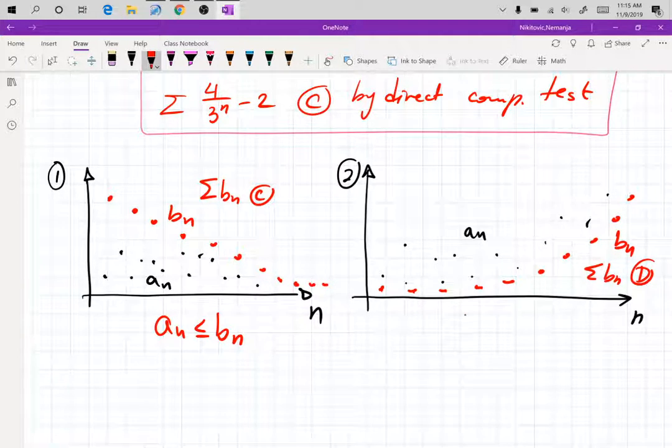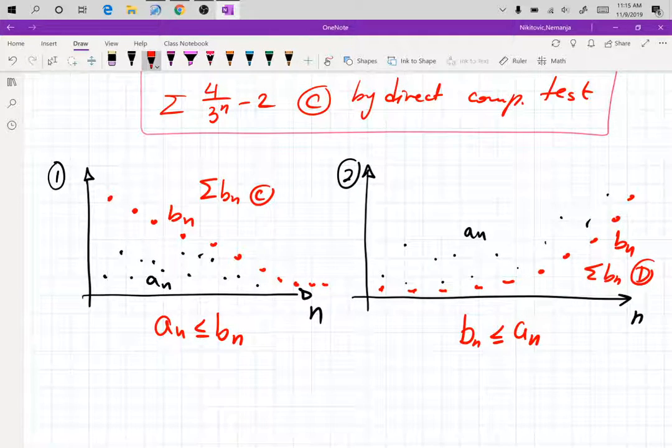And then bn smaller than an, or an bigger than bn, is pushing an into divergence, because the one that is underneath, that sum diverges, so the one that sits on top also has to diverge. So these graphs help understand those two lines from the theorem, and you understand why you have to prove this part.